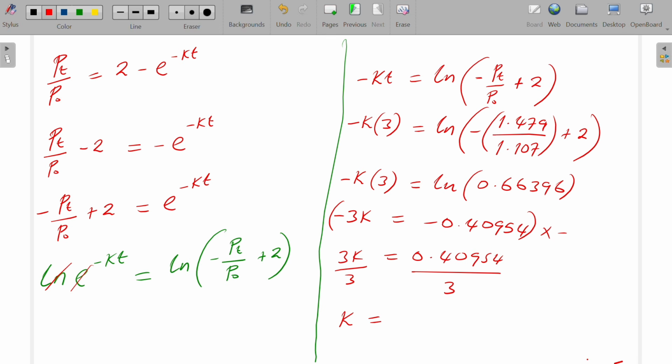This will give us a value of k to be equal to, according to my calculator here, 0.137. And the unit is per hour. This is rounded off to 3 decimal places. So this is our answer for the value of k. And this is how we solve this question.